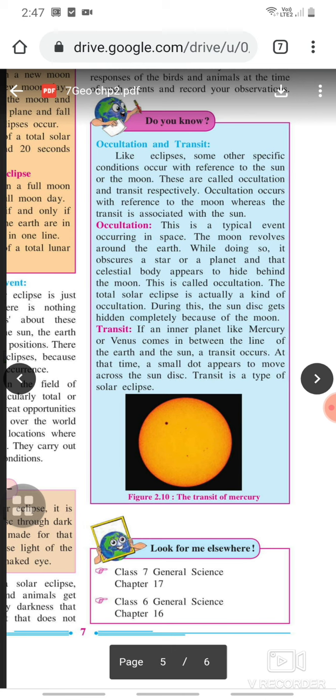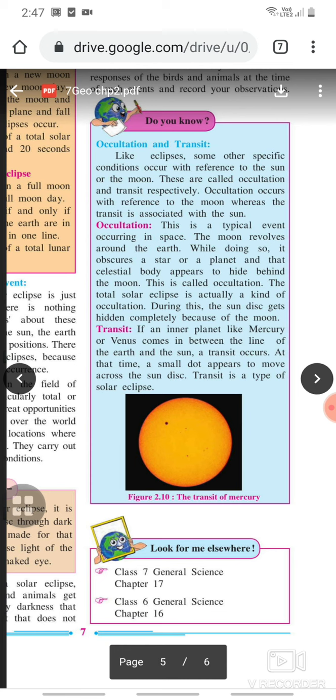The moon revolves around the earth. While doing so, it obscures a star or a planet, and that celestial body appears to hide behind the moon. This is called occultation. The total solar eclipse is actually a kind of occultation, and during this, the sun disk gets hidden completely because of the moon.